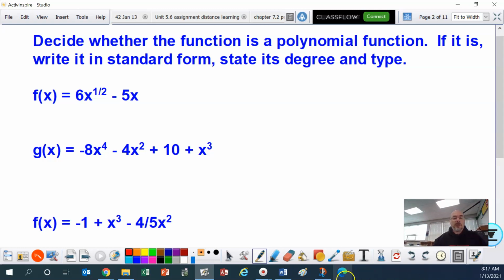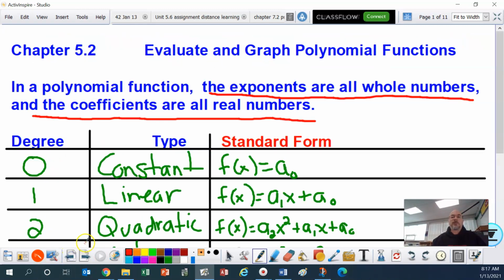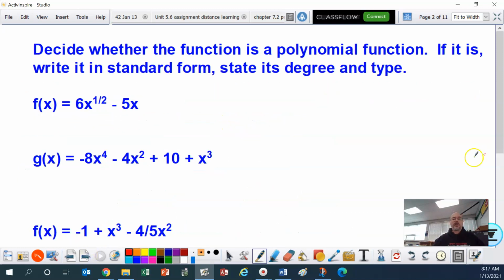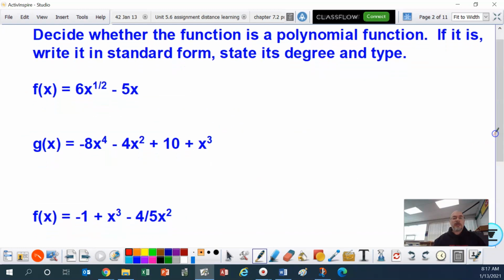If we go back and look at what I said at the beginning, to be a polynomial function, the exponents are all whole numbers and the coefficients are real numbers. So if we look at this very first one, 6x to the half power minus 5x, we're going to have to say that this is not a polynomial.